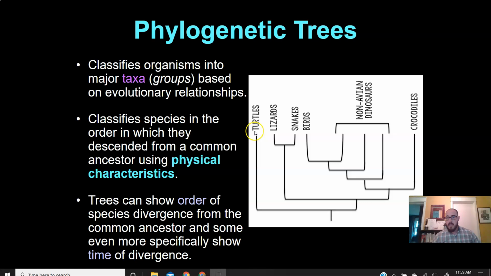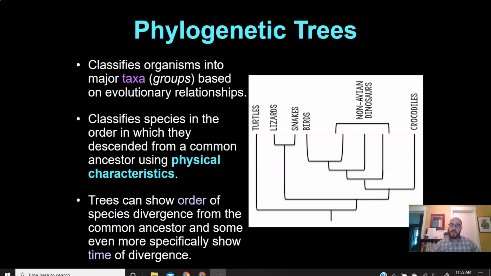All right, so what this is showing you is that turtles and all of these guys over here shared a common ancestor up until this point, and then they diverged, so turtles went their way, and everyone else in this group went that way. This is kind of cool because it's showing you that birds are really closely related to all the non-avian dinosaurs.